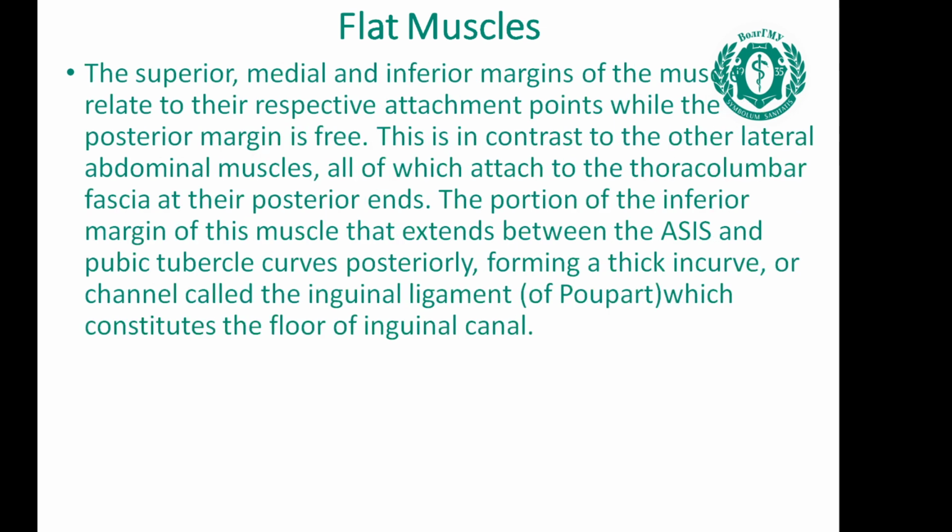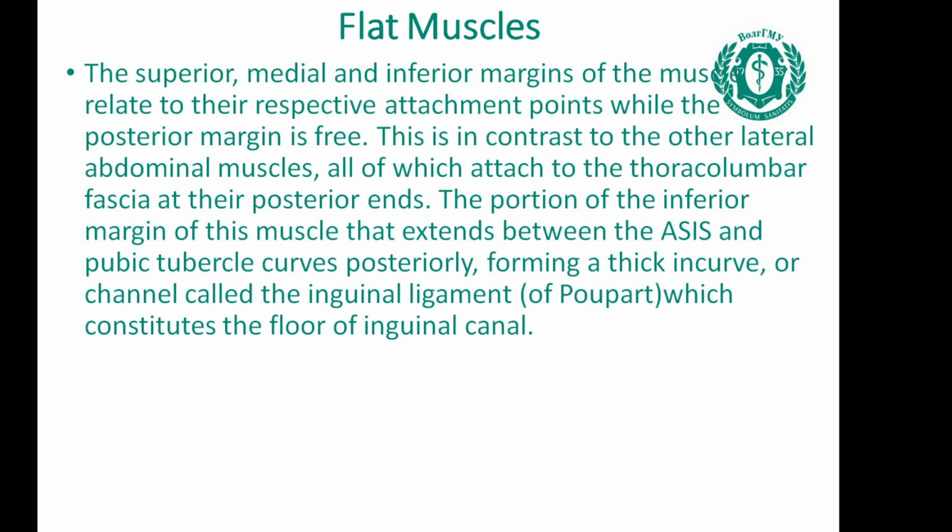The superior, medial, and inferior margins of this muscle relate to their respective attachment points, while the posterior margin is free. This is in contrast to the other lateral abdominal muscles, all of which attach to the thoracolumbar fascia at their posterior ends.